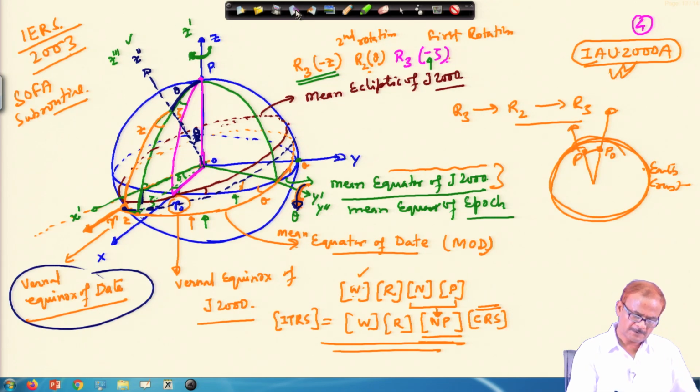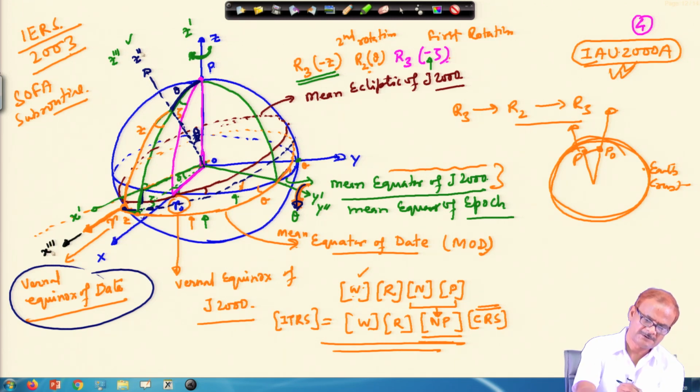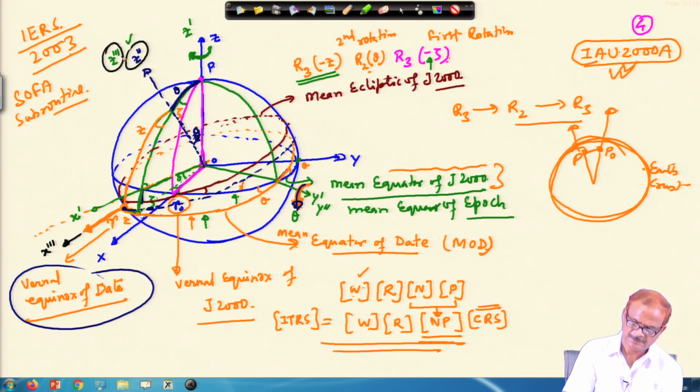If we go back, we see that our axis has come to this point, this is your x axis. The x axis was first here and then we finally moved. So this will appear as x triple prime, the z axis has come here, z triple prime, and similarly the y axis will move to this place somewhere on this equator, this is the y triple prime.